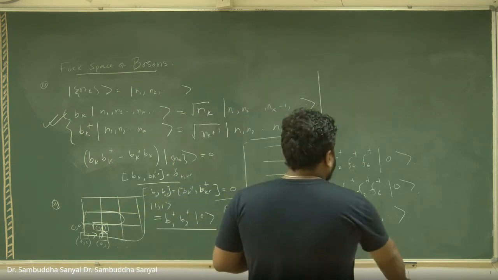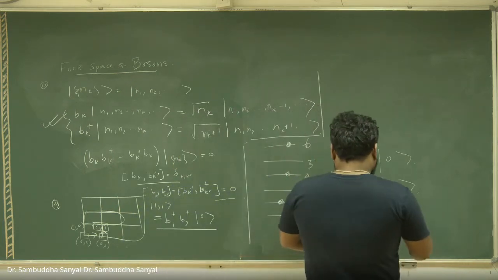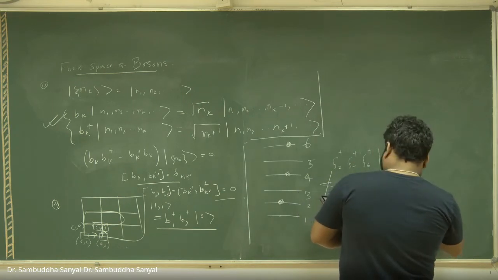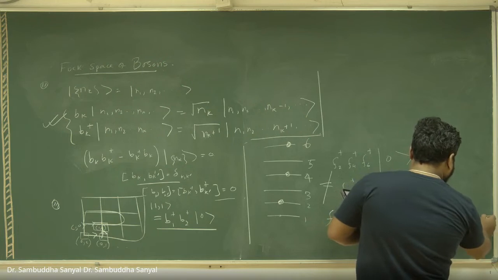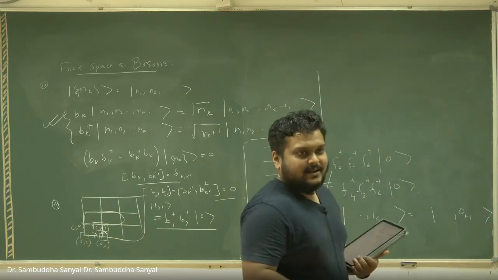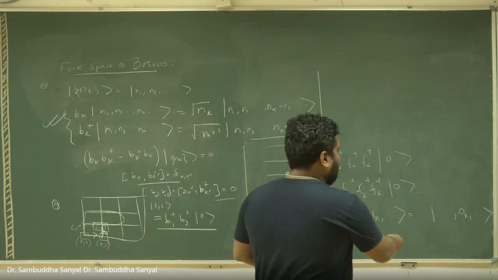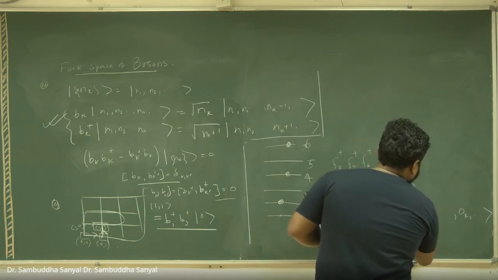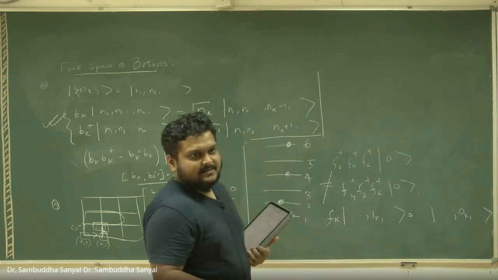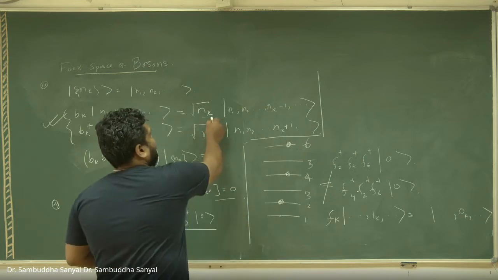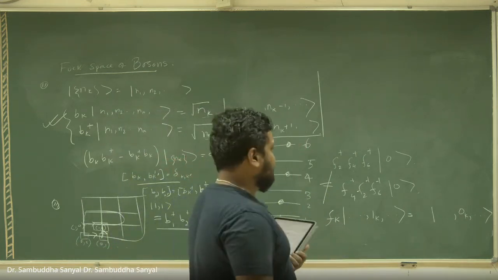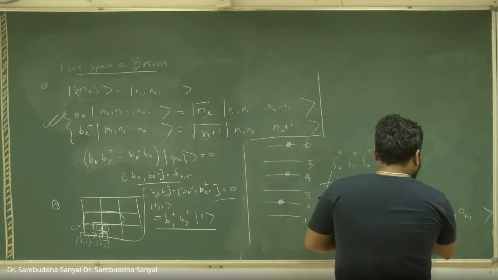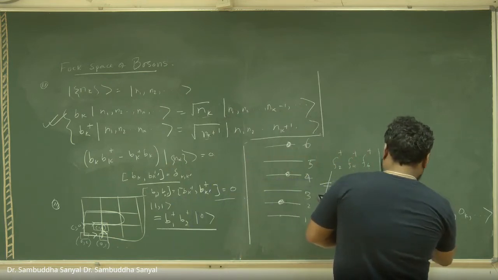But if I have one particle at the kth level, it should destroy that. But while destroying it, it is not just this. There has to be something else. Not the normalization factor, because the normalization factor is trivial here since the possibilities are only 0 and 1. So there is no such complication here. It's just 1. So then the factor that comes here is this.